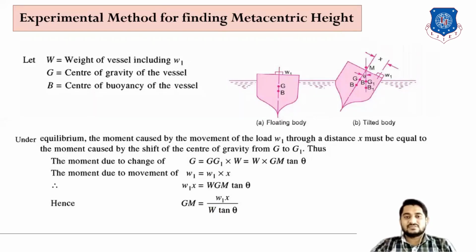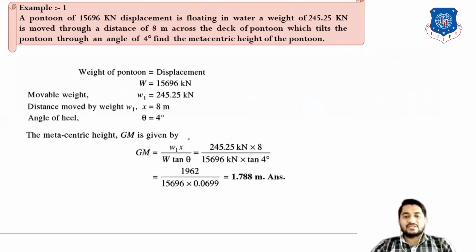Clear? Let us solve an example of the practical method. A pontoon of 15696 kilonewton displacement is floating in water with a weight of 245.25 kilonewton. Here two weights are given. Suppose you don't have any idea, then you have to consider the large weight as the body weight W and the small weight as the small displacement weight W1.